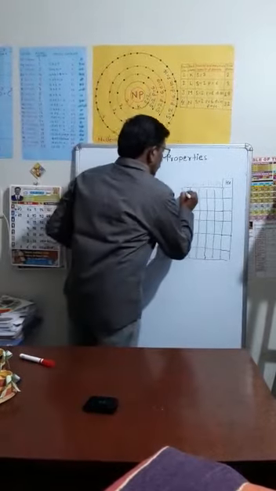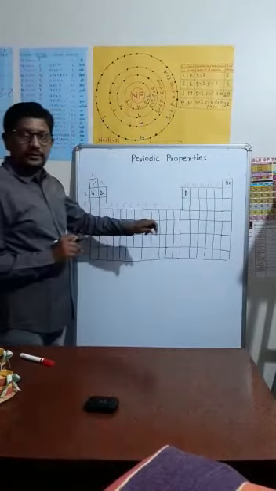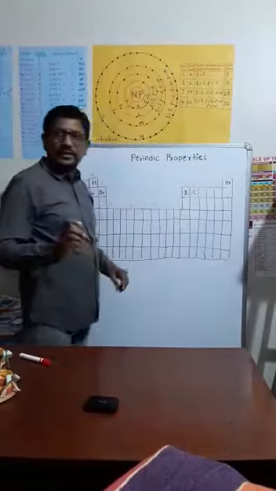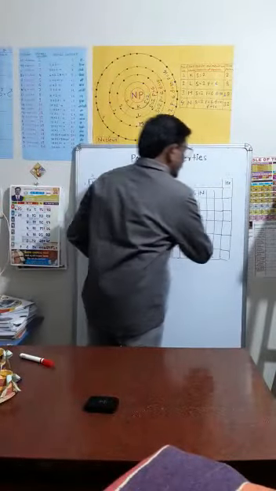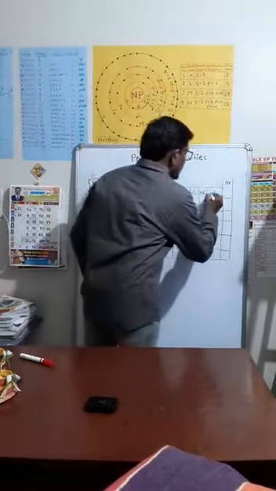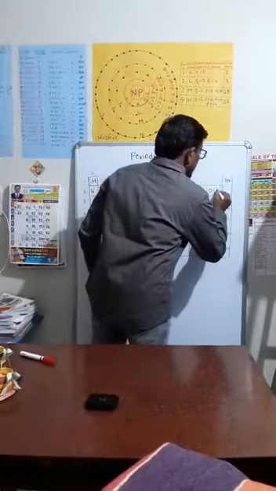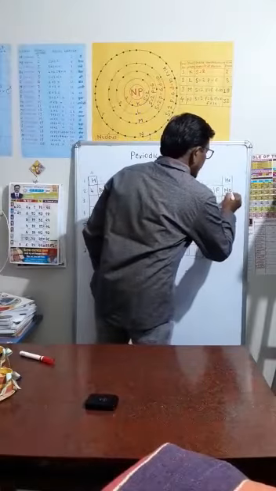Then boron, atomic number 5. Carbon, atomic number 6. Nitrogen, atomic number 7. Oxygen, atomic number 8. Fluorine, atomic number 9. And neon, atomic number 10.